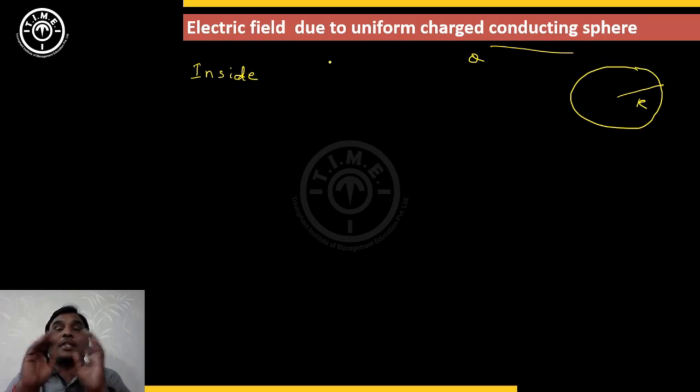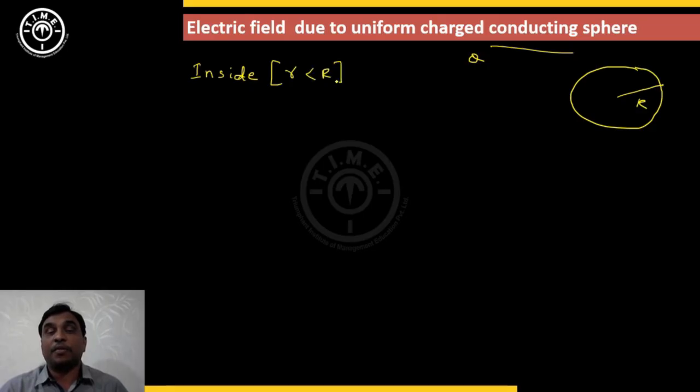Because anyway charge resides only on the top surface. Inside, the distance, always measured from the center, is less than the radius. Where no charge is available, definitely there is no electric field. No charge available, no electric field inside.